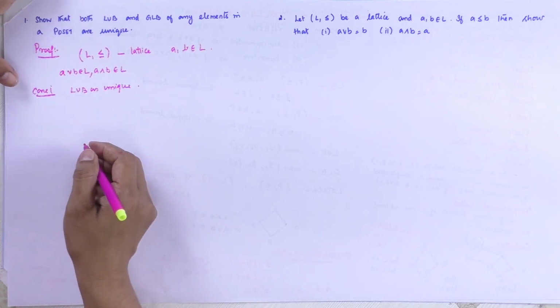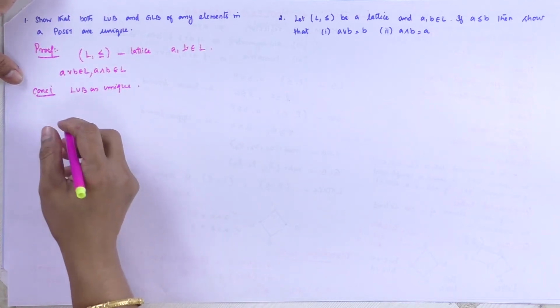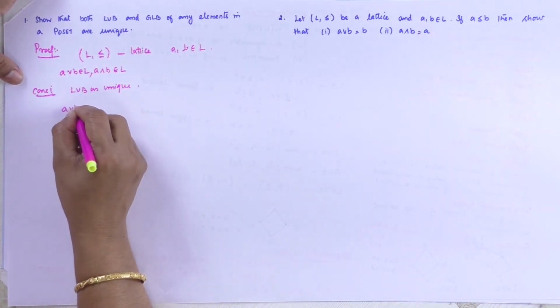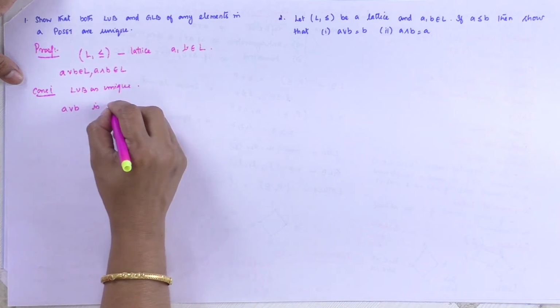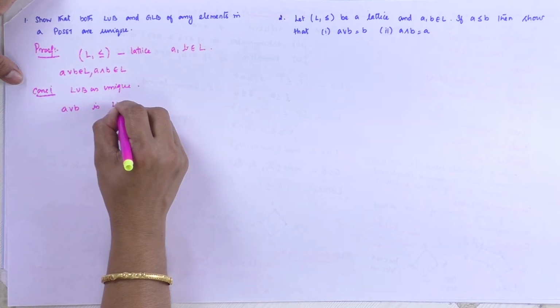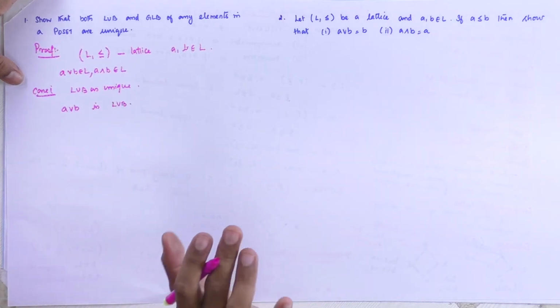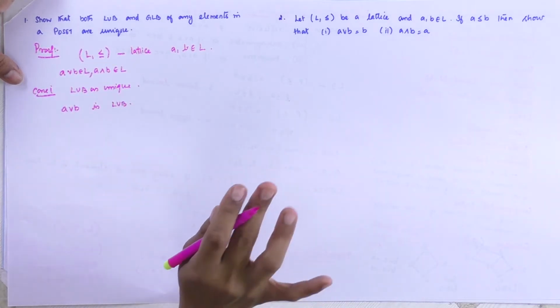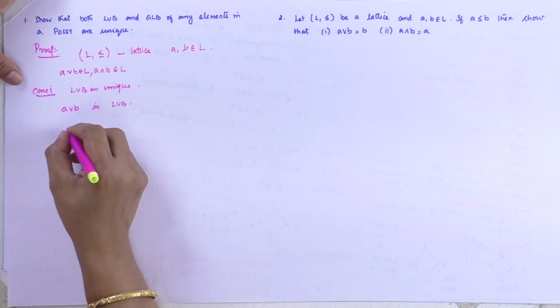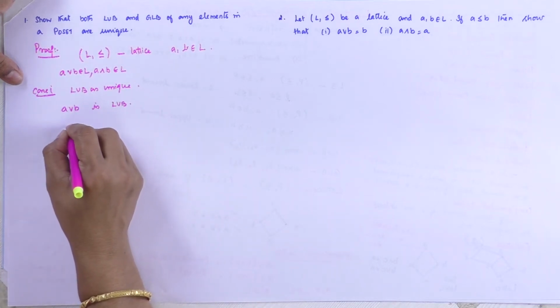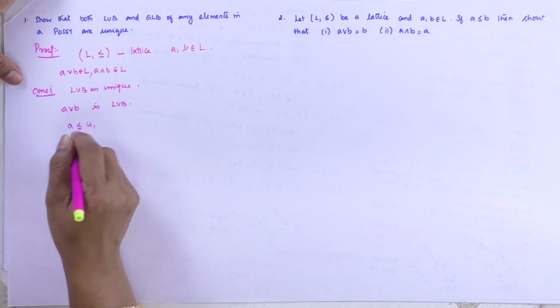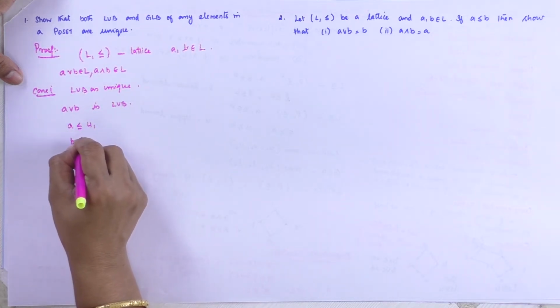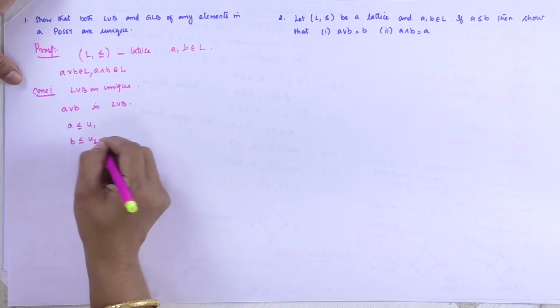So LUB is unique. What is this? A or B is the least upper bound, and that has to be unique, and I will have to prove it. Let me check that. The upper bounds I may have are A is less than or equal to U1, B is less than or equal to U2.